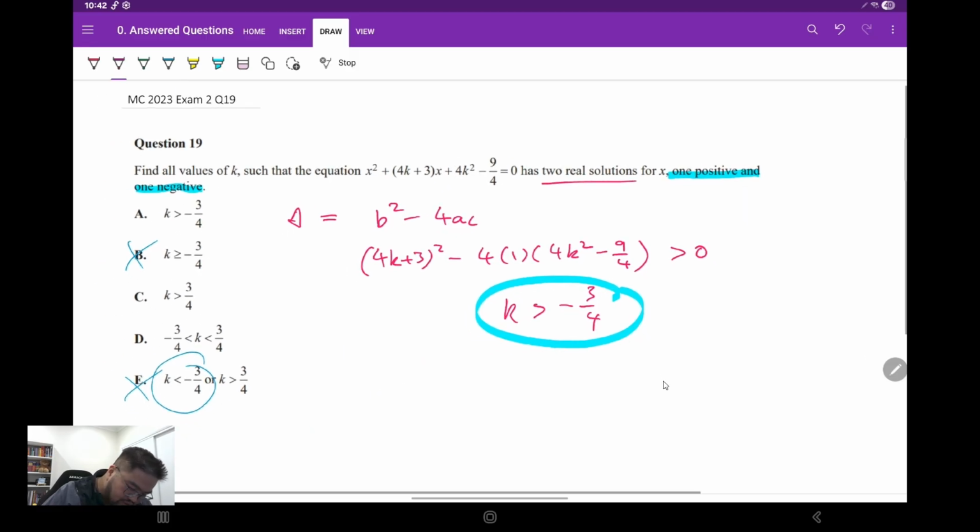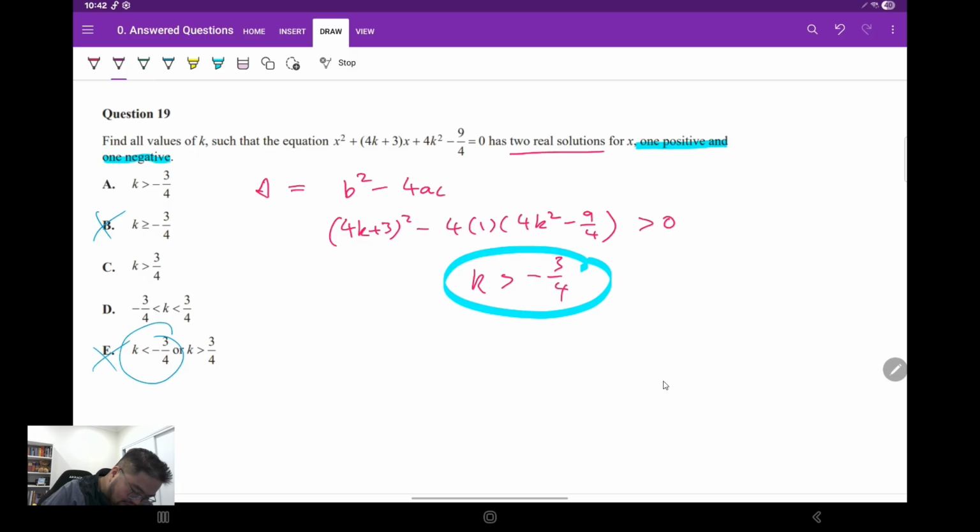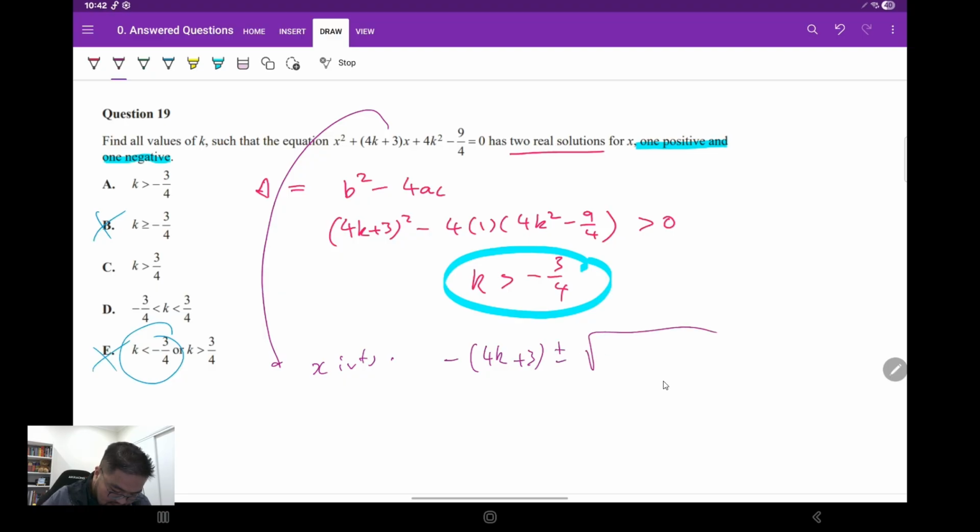So what we need to do now is find the x-intercepts of this particular equation. To find the x-intercepts, we could use the quadratic formula. So I'm going to use negative b, which is 4k plus 3, minus b, plus or minus the square root of b squared minus 4ac.